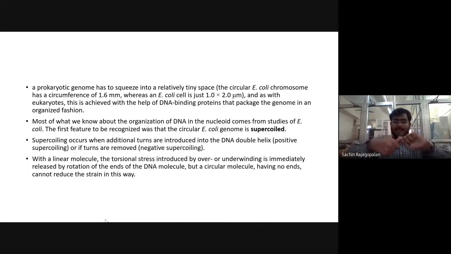So तुमने अगर बीच में कई टर्न्स इंट्रोड्यूस किए हैं और बाकी पार्ट्स पर अगर स्ट्रेस आ रहा है, तो वो टर्मिनल एंड जो है लीनियर डीएनए मॉलिक्यूल का, वो उस स्ट्रेस को बैलेंस आउट कर सकता है by bringing about some underwinding or by winding up more, depending on whatever the condition is.